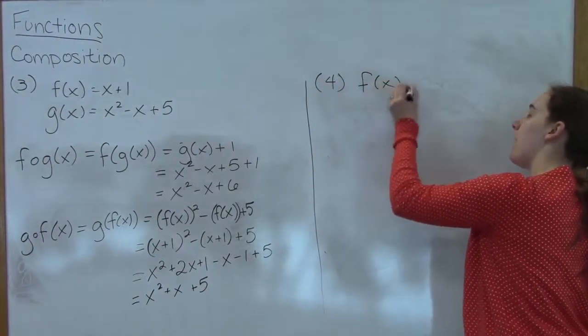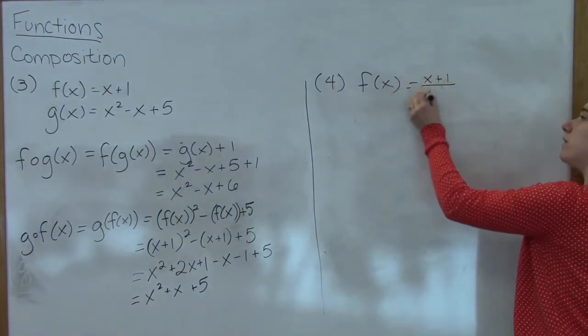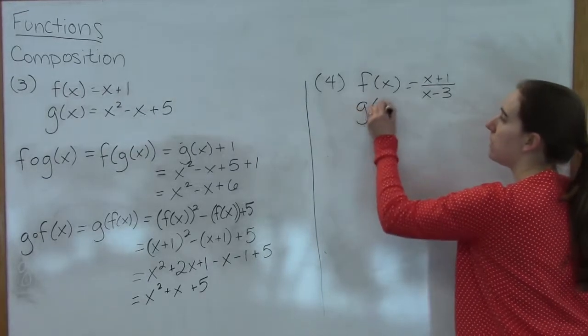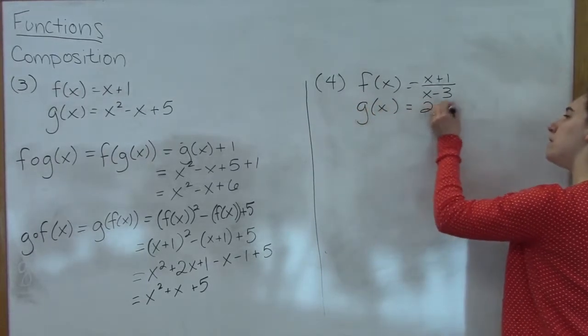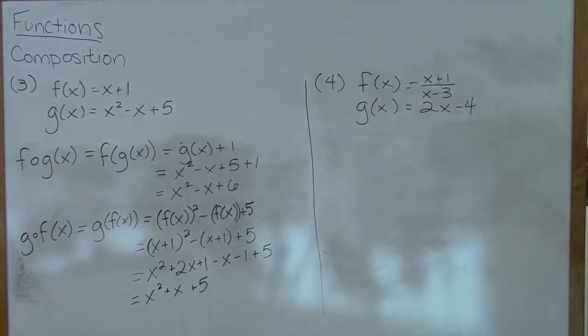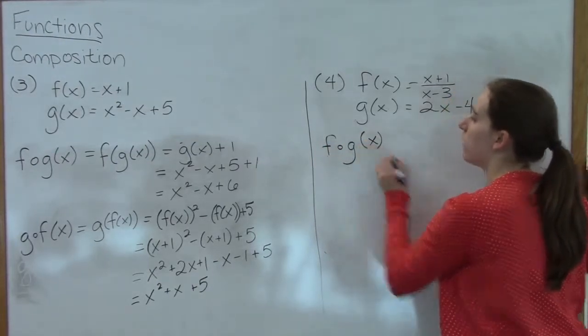In this one, f of x is going to be x plus 1 divided by x minus 3, and g of x is going to be 2x minus 4. So let's take f composed with g of x to start.